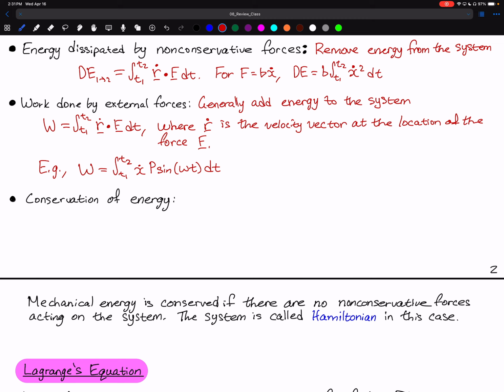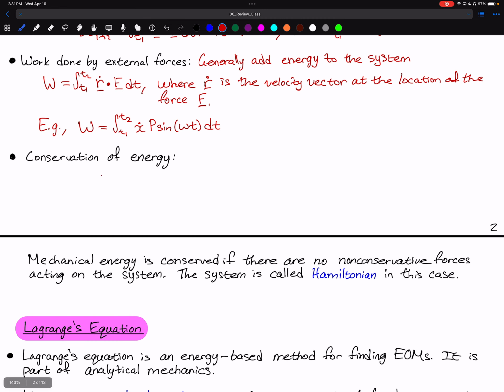All right, for conservation of energy, we are going to have T2 plus V2 plus the dissipated energy from 1 to 2. This will be equal to the work done from 1 to 2 plus T1 plus V1. So T2, V2 are the kinetic and potential energies at time t equals t2. T1, V1 are at time t equals t1.